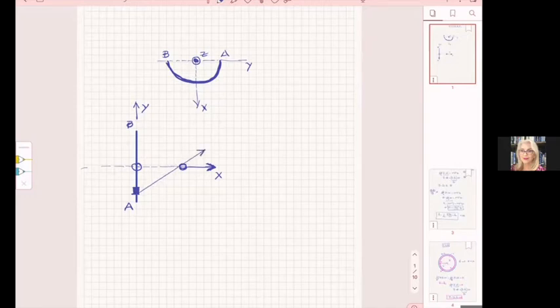Then when we took another piece of the wire here, we found that it would have been like this. Do you agree with these observations on the straight wire?